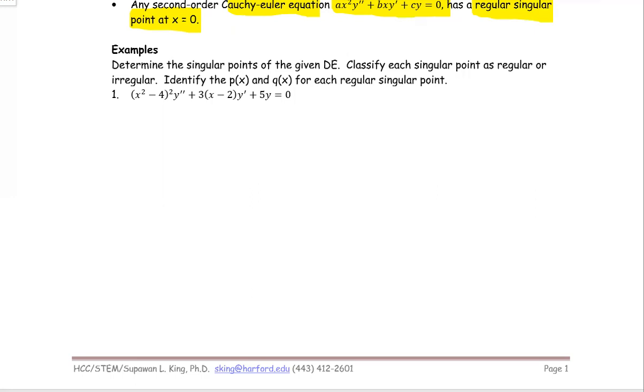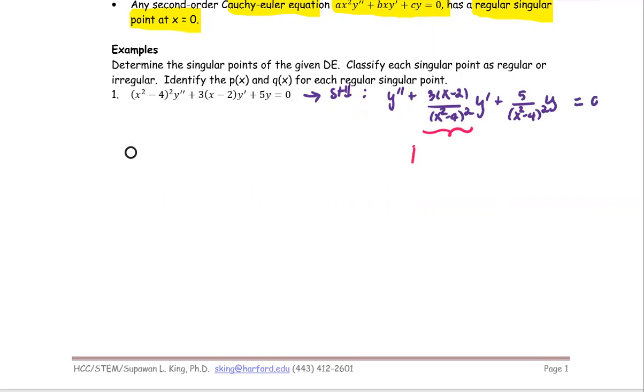We have the differential equation (x squared minus 4) squared y double prime plus 3 times (x minus 2) times y prime plus 5 times y equals 0, and we write this in the standard form to get y double prime plus 3 times (x minus 2) over (x squared minus 4) squared times y prime plus 5 divided by (x squared minus 4) squared times y equals 0.